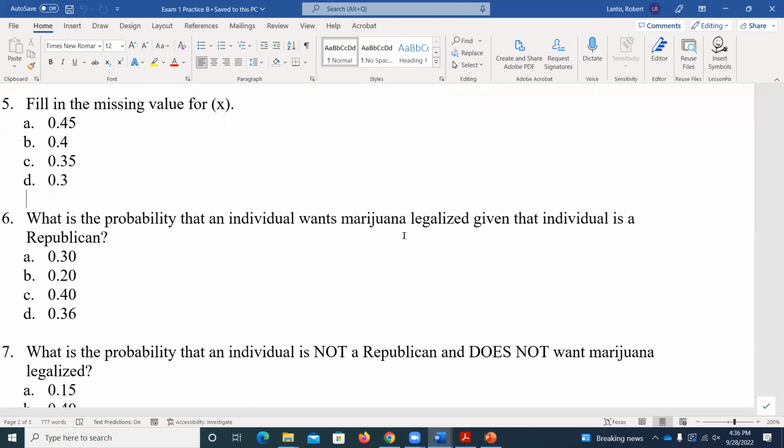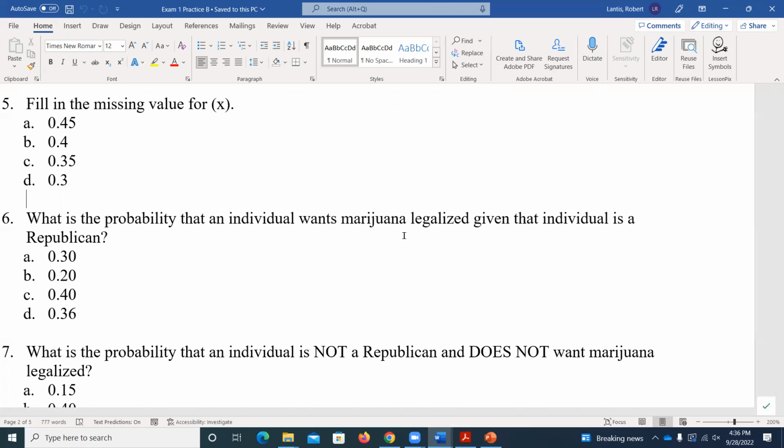So given that an individual is a Republican, now remember, when we're looking at conditional probabilities, that's that vertical line. What are we given? Well, that's what's on the right-hand side of that line. And then what we're still looking for the probability of is whatever's going to be on that left-hand side here.